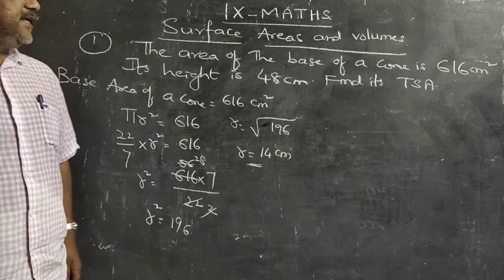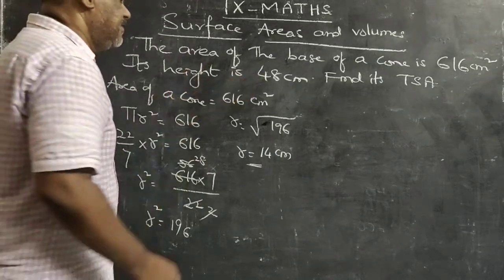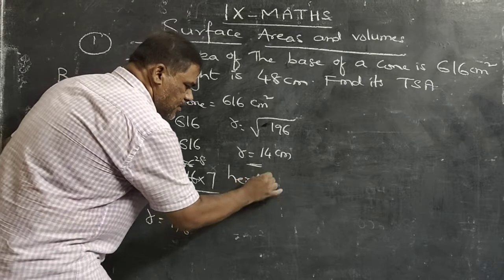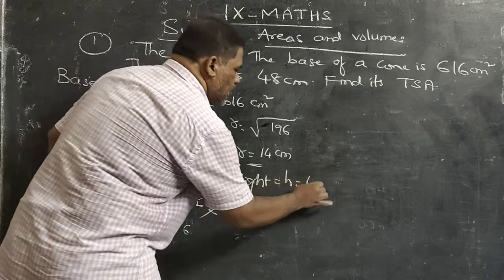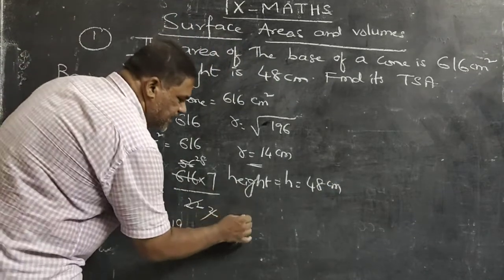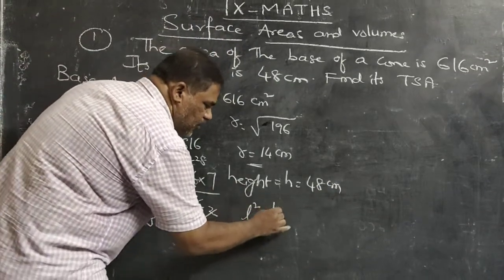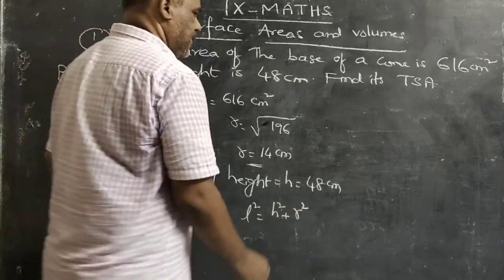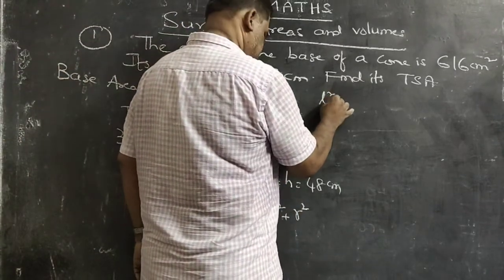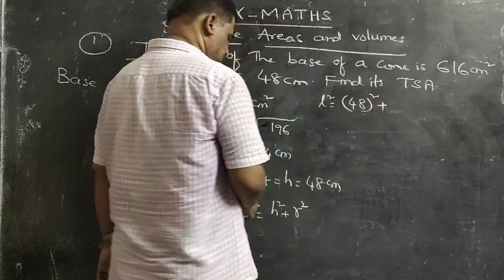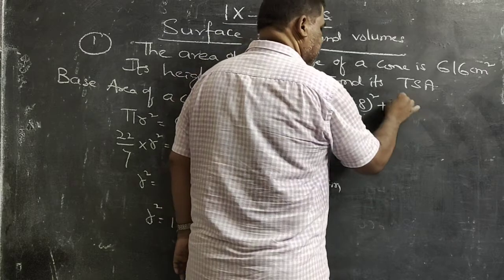After getting the radius, next height is given. Height is given as h is equal to 48 centimeters. Now using slant height, L square is equal to h square plus r square. That is L square is equal to 48 square plus 14 square.